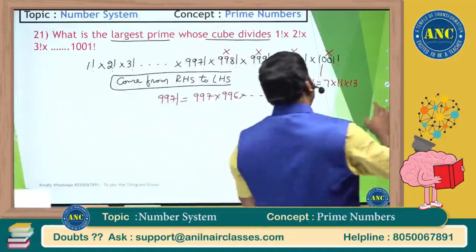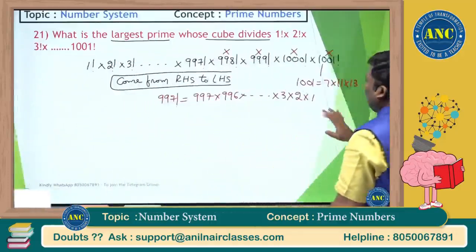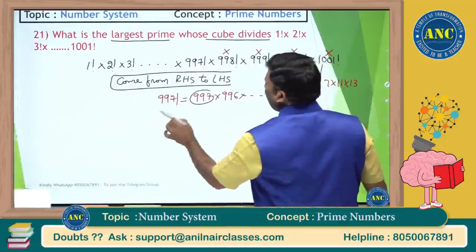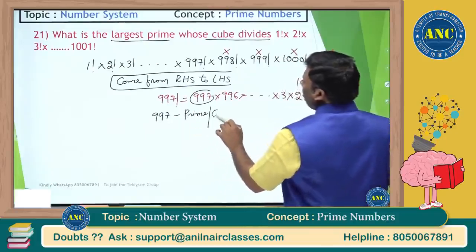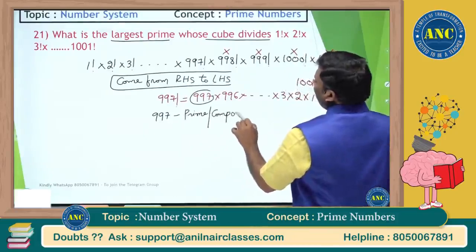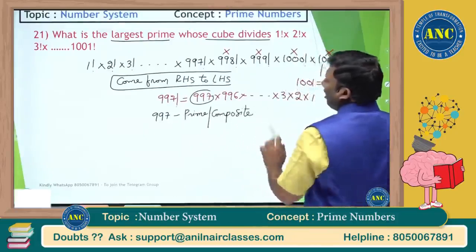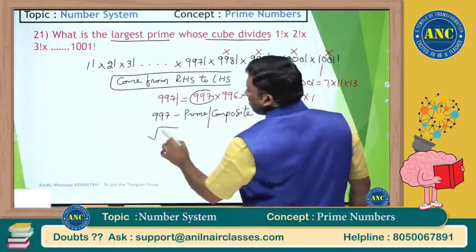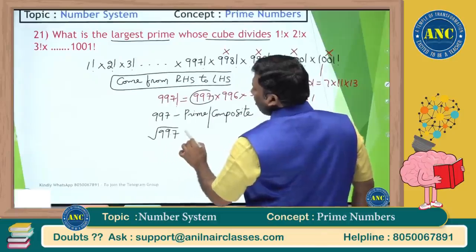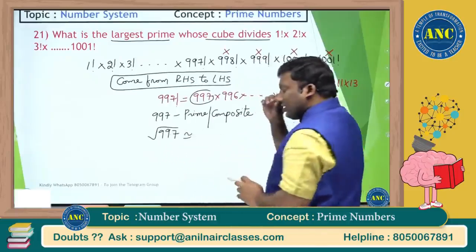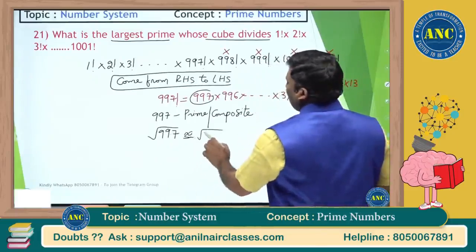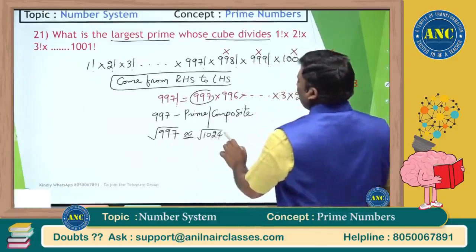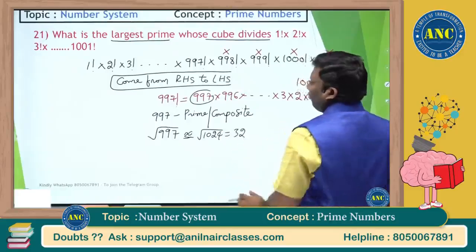Now listen carefully, sir. Let us check whether 997 is prime or composite. How to check for smaller numbers whether the number is a prime or a composite number? Take the square root of 997. 31 square is 961, less than 997. 32 square is 1024.